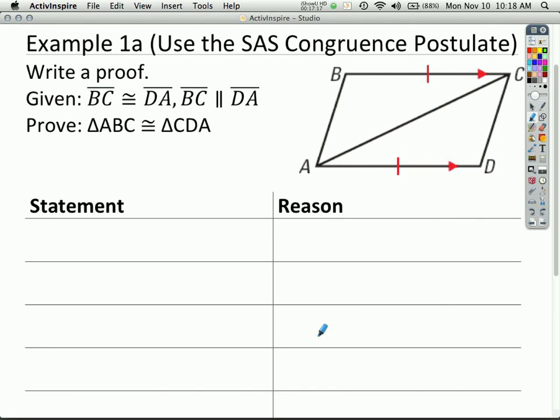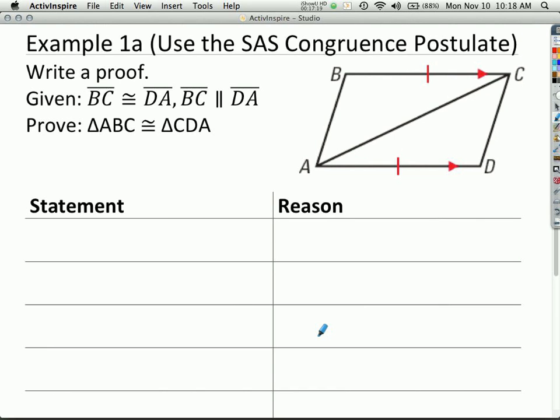We're talking about logic. We look at the given, and it says BC is congruent to DA. One piece of evidence. Done. Can someone see another piece of evidence that's already not given to us, but fairly simple?